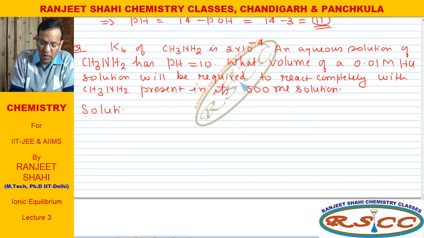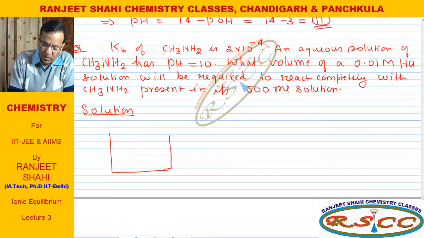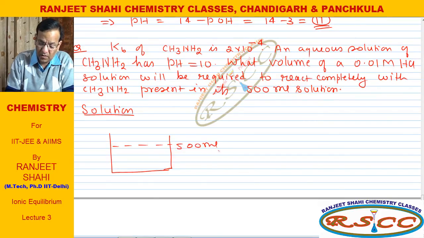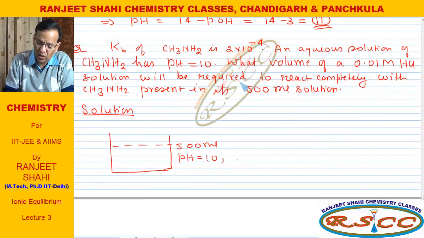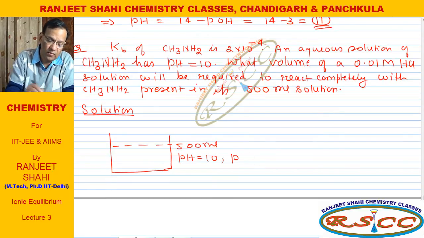Let us represent it diagrammatically. We have a solution of weak base whose volume is given, 500 ml, pH is given, it is 10, and it is a solution of weak base, so it is better to work out pOH, because in the expression pOH will come.